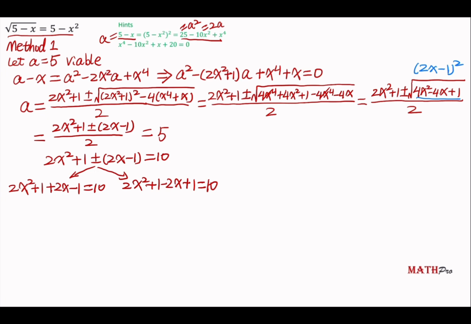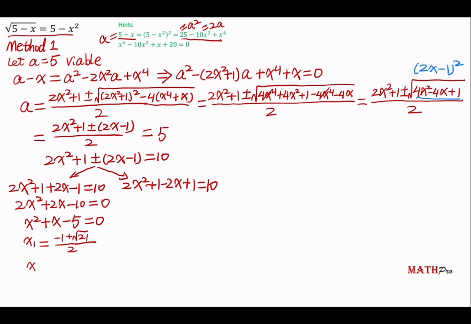So this one can be simplified as 2x squared plus 2x minus 10 equals 0. And then if we divide each side by 2, it is x squared plus x minus 5 equals 0. And then we get x1 equals (minus 1 plus square root 21) over 2.